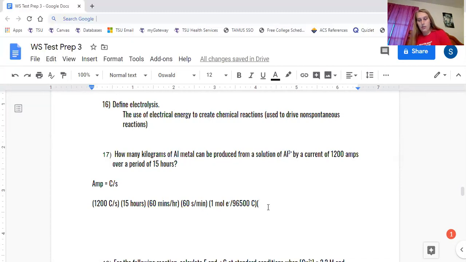So we're going to have 1 mole of aluminum over 3 moles e minus.